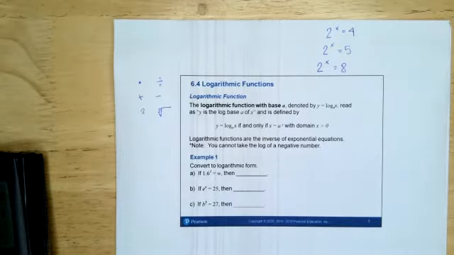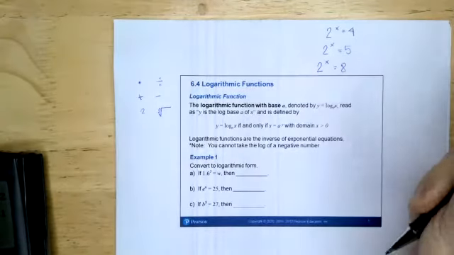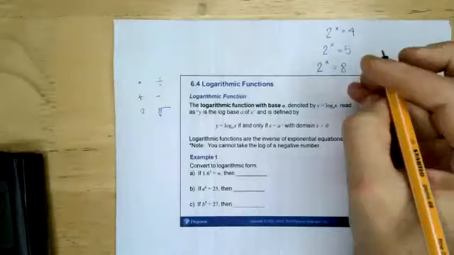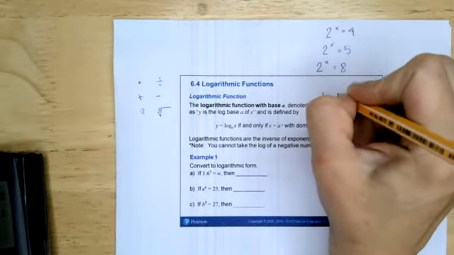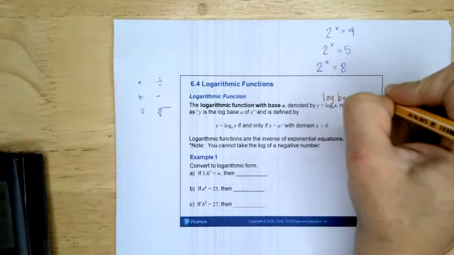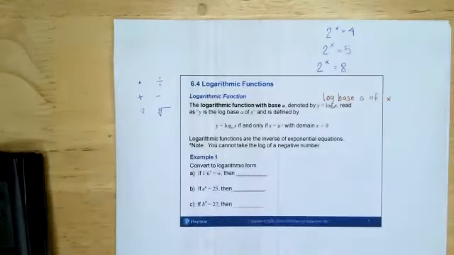So the logarithmic function with base a, denoted by y equals log base a of x, is read as y is the log base a of x and is defined by y equals log base a of x if and only if x equals a to the power of y and x is greater than 0. Good.